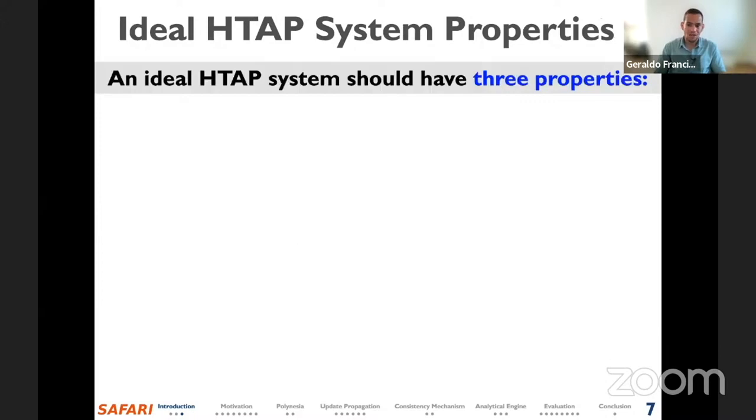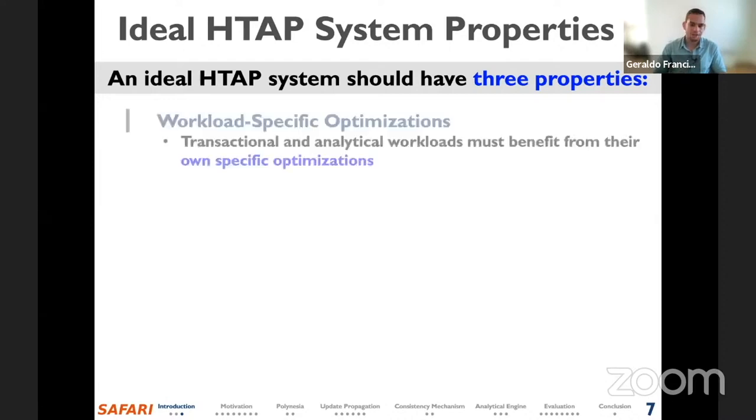So in order to allow for real-time data analysis, an HTAP system should provide three properties. The first one is that an HTAP system needs to provide workload-specific optimizations, meaning that both transactional and analytical workloads must benefit from their own specific optimizations.